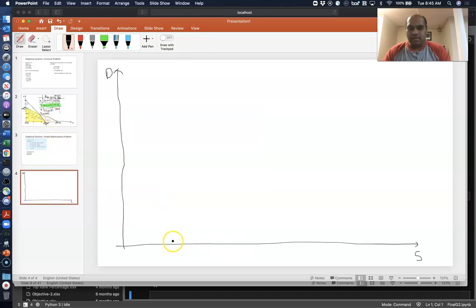So let me say 200, 400, 600, 800, and 1000. So let's say 900 is here. So you have 900 comma 0 is one end of the straight line, and the other end of the straight line is 0 comma 630. Let's say 200, 400, and 600. Let's say 800 is here, 630 will be somewhere over there, right? So I can join these 2 points like that.